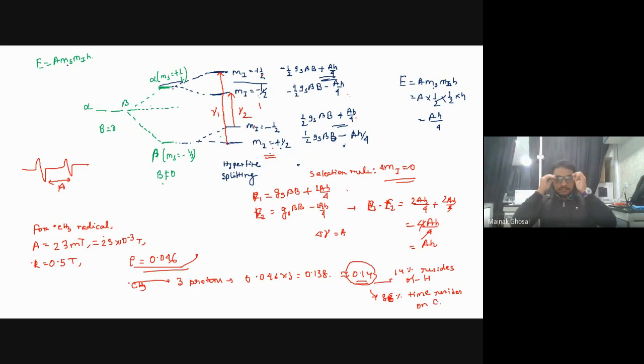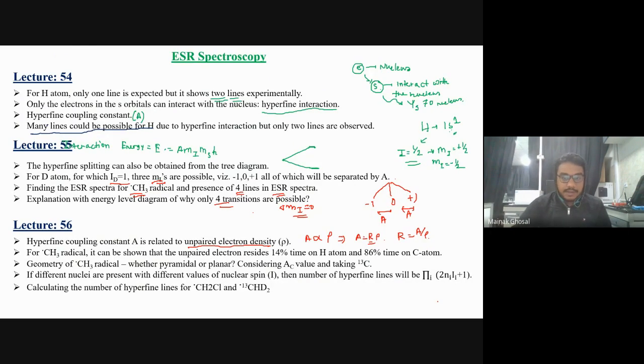So whatever I have said, I have written: for the CH3 radical, it can be shown that the unpaired electron resides 14% of the time on hydrogen and the remaining 86% on carbon.